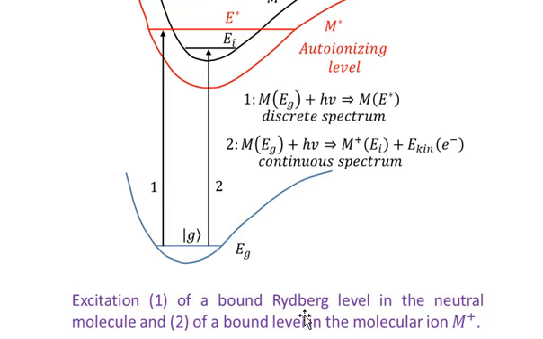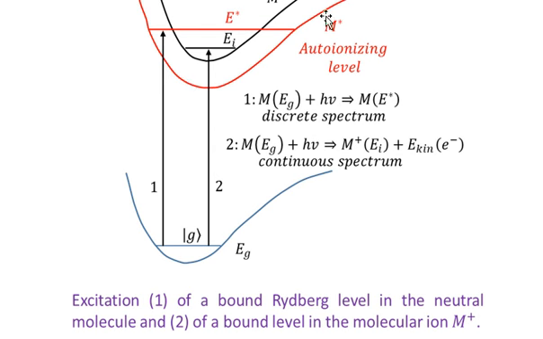Excitation number 1 is of a bound Rydberg level in the neutral molecule. Transition 1 belongs to the red curve, and the red curve belongs to the neutral molecule. The molecule is not ionized. The molecule is neutral, though the molecule is excited.